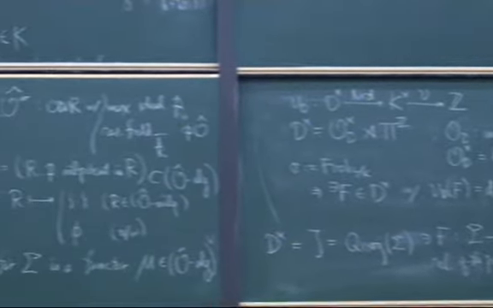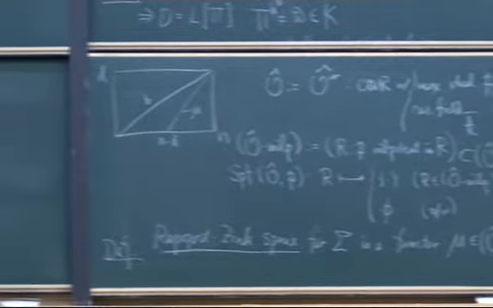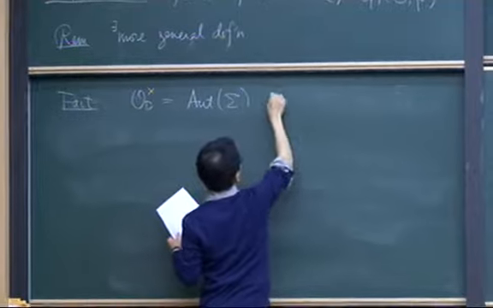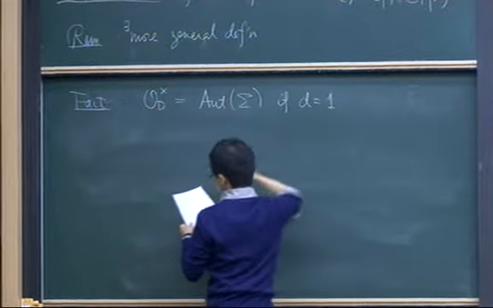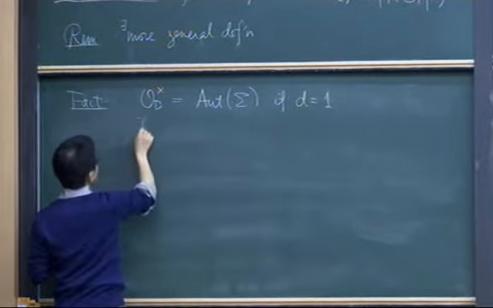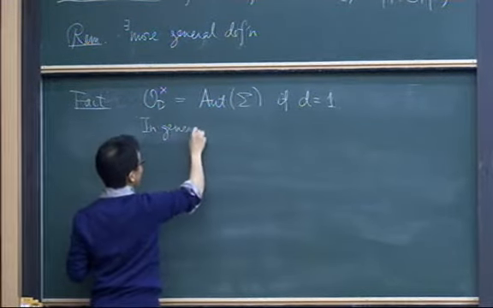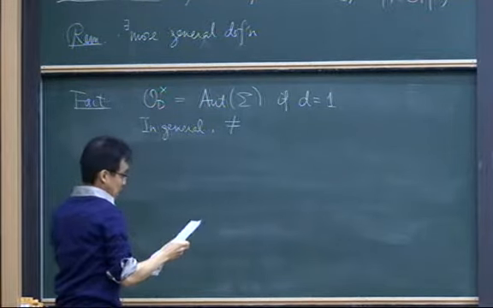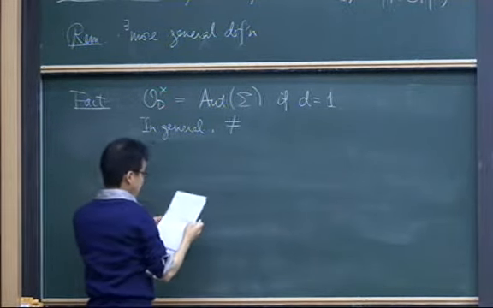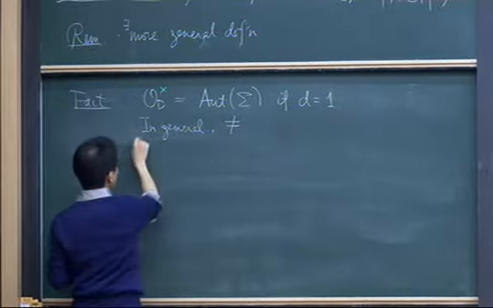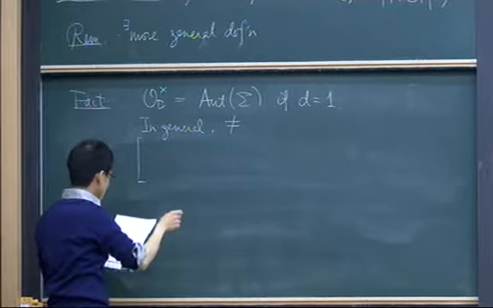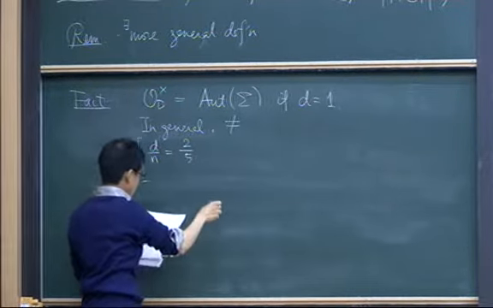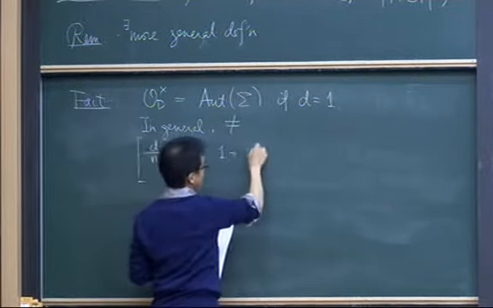So the great fact about d equals 1 is that these are equal. And in general, this is not. So I learned from Miyada-kun that, for example, you can think of elements like this.